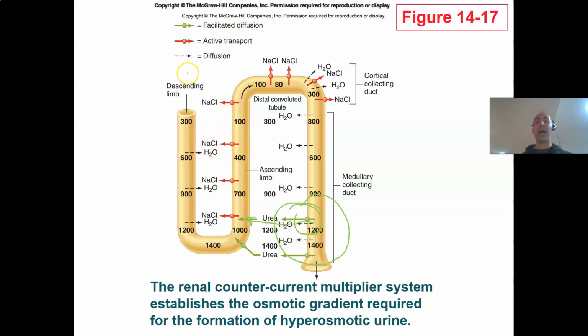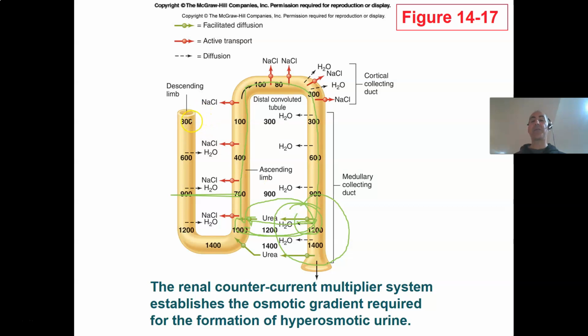So about 50 to 55% of urea keeps getting recycled between these two areas. It goes up, comes over, and gets down.